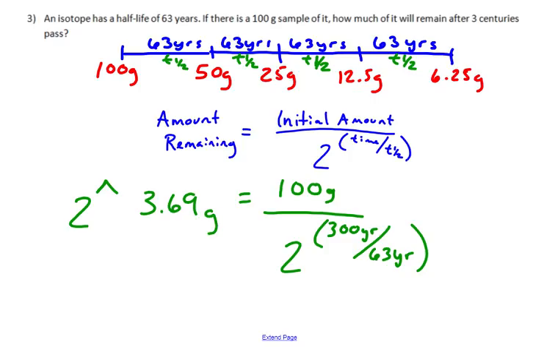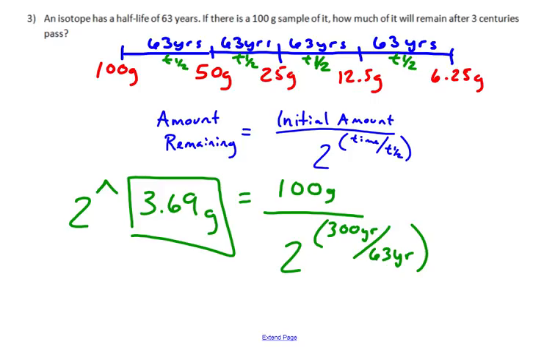Grams. I want to make sure you're understanding what you're answering, not years. How much will be remaining? 3.69 years? What? That's how many grams will be left. Now, it's not mind blowing, but I think it's kind of cool to be able to apply this.